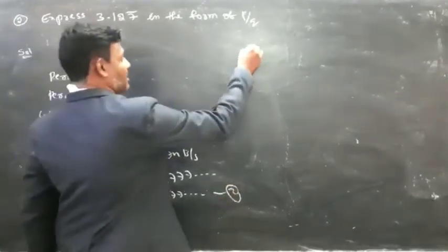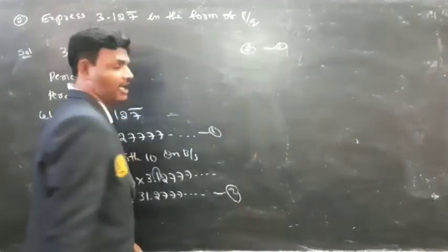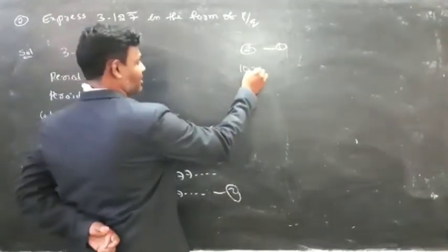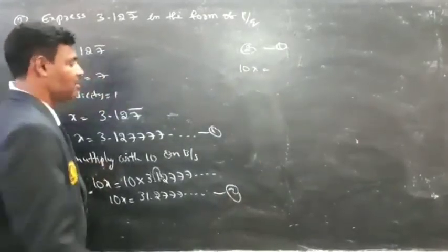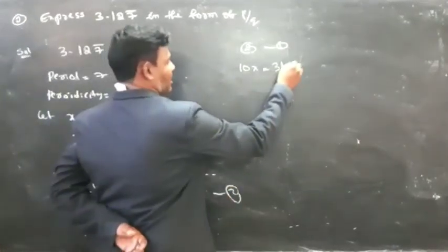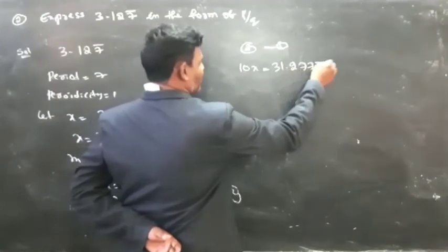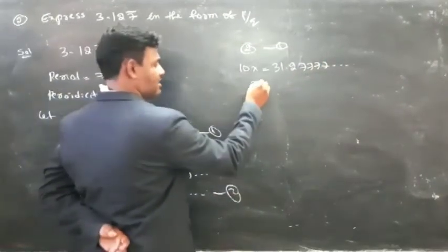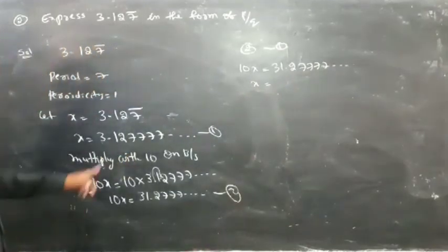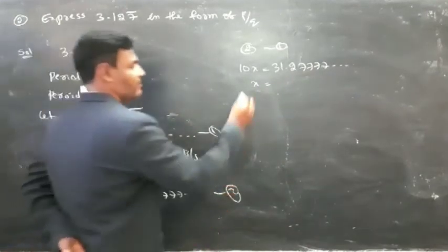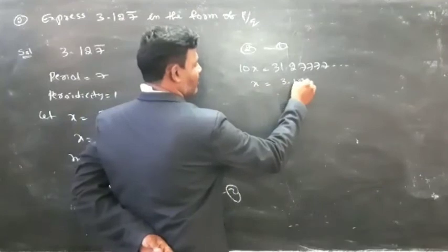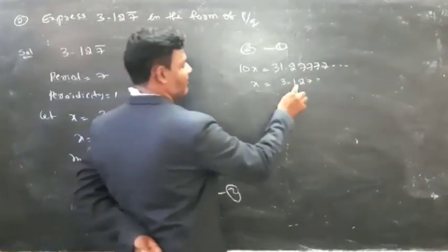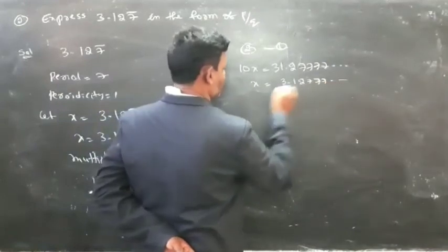Now I am subtracting both equations: second equation minus first equation. The second equation is 10x equal to 31.277 and so on. The first equation is x equal to 3.127 and so on.